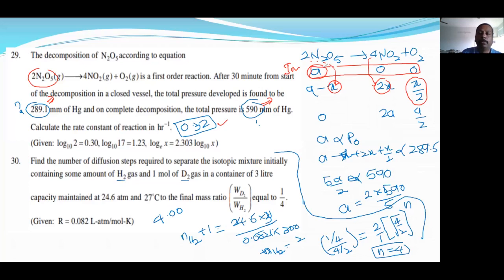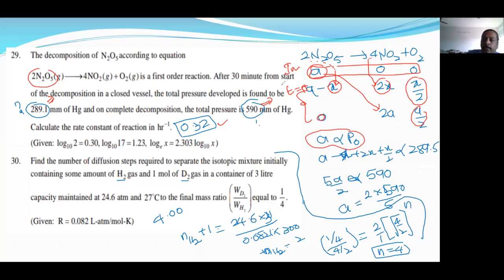In good olden days, they used to give initial and final, but he has given two intermediate times. This is at t equal to 10 minutes. This is the final, complete decomposition. So N2O5 will be 0, and whatever we have taken as A, NO2 will be 2A because of 4NO2, and O2 will be A by 2 when complete decomposition takes place. So the final pressure will be directly proportional to A, P naught.